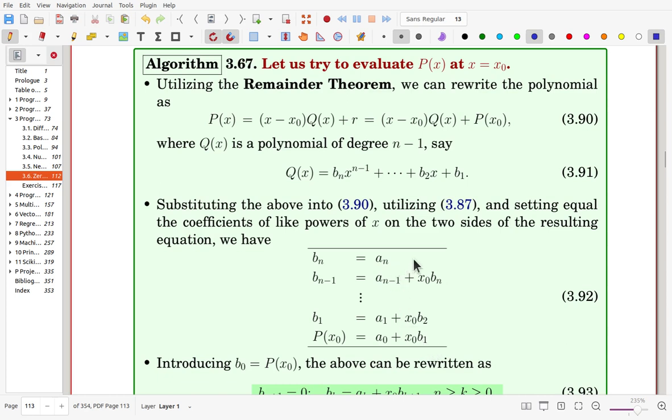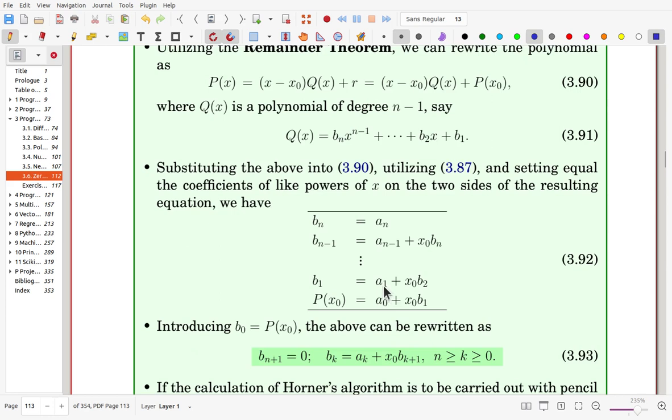Now, we have these equations, but the shape is a bit different, so we try to make the shape uniform. Here, we add x0 times b_{n+1}, with b_{n+1} equal to 0. Then this whole thing can be expressed that way. Of course, we have to introduce another notation, b0. Then these n plus 1 equations can be written in this way.